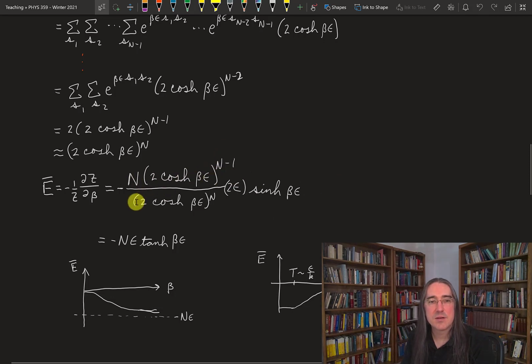So all of that cancels down to just a 2 cosh beta epsilon on the bottom. We've got a 2 sinh beta epsilon out to the side. The 2's cancel and give us a tanh beta epsilon, right? Hyperbolic tangent. And then we just need to clean up the constants that we sort of left littered around. There's the minus sign, there's the n, there's the epsilon. So our average energy is minus n epsilon tanh beta epsilon.